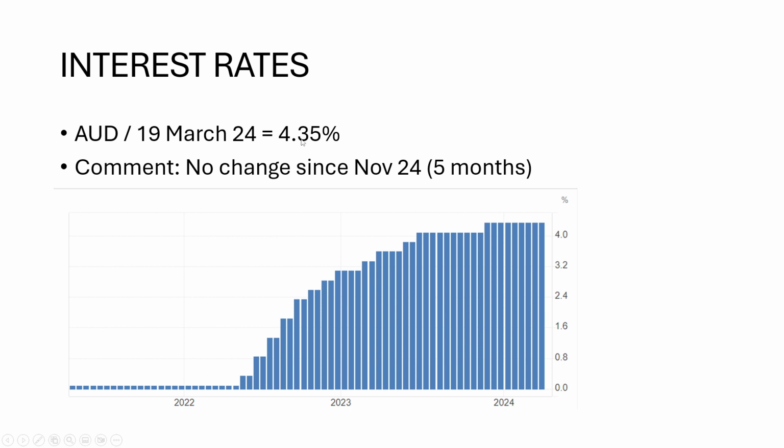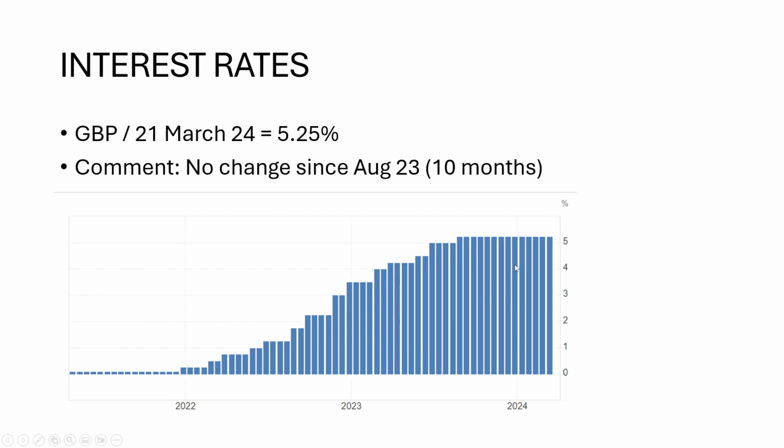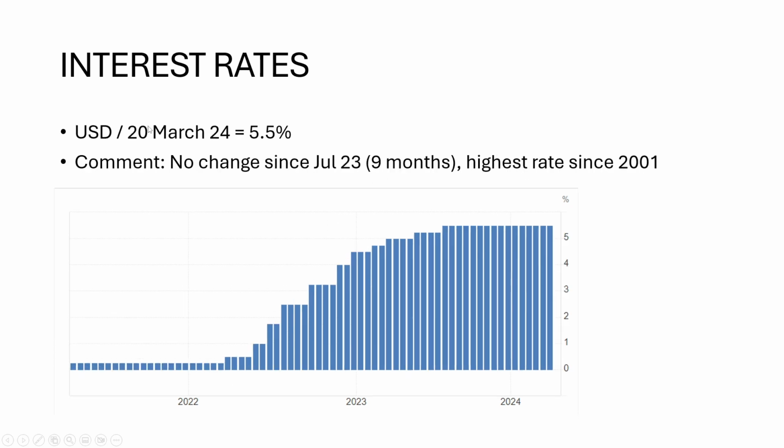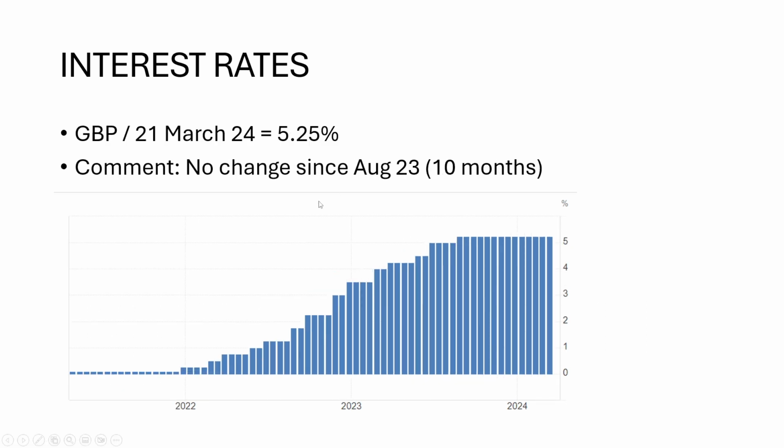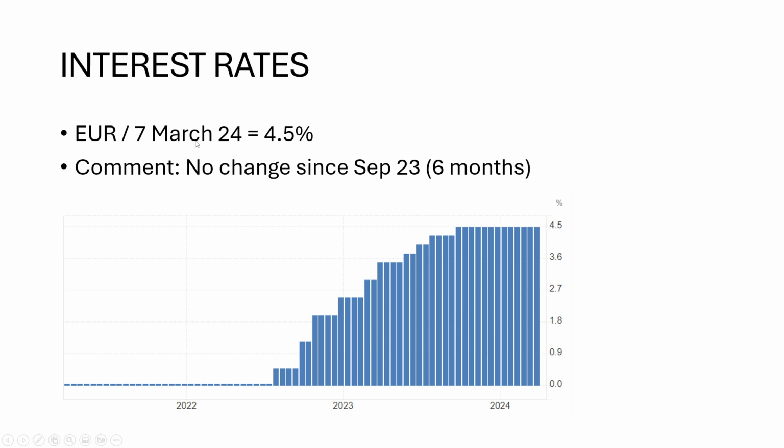Australian market 4.35, still stubborn. No change since November 24. Anything I'd say over 2.5 is pretty high, so we've been high for quite a while now. Same thing with the pound, 5.25, no change for 10 months. So USD, AUD, pound, and even euro have all high interest rates.